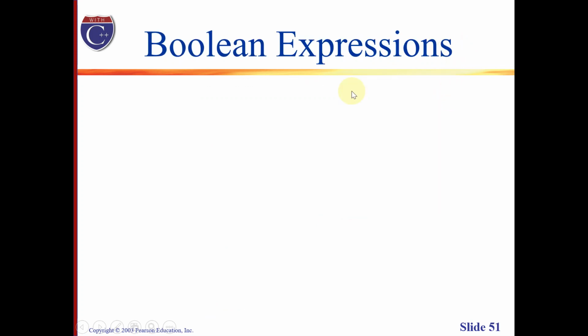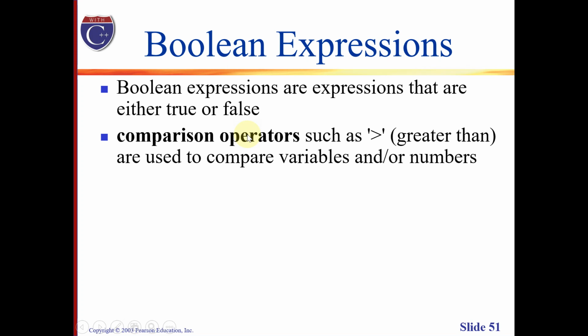Next, let's talk more about the Boolean expressions that we use in our if-else statement. Boolean expressions are expressions that are either true or false. For instance, we have the comparison operator, such as this, which evaluates if the value to the left is greater than the value to the right.